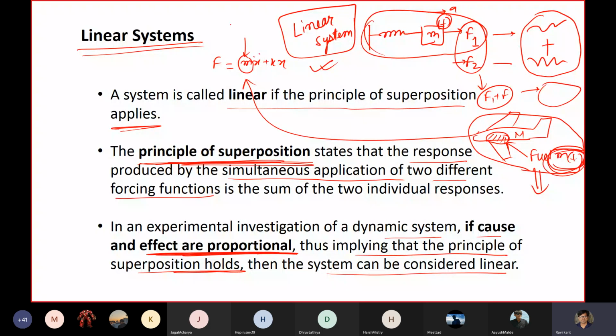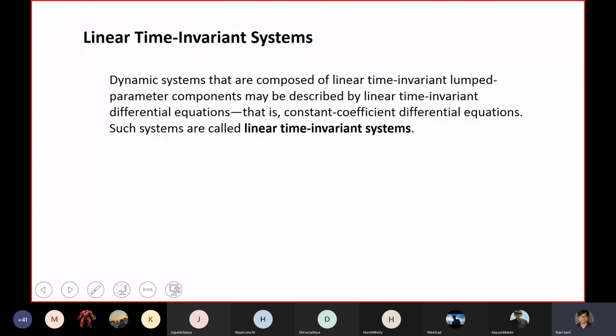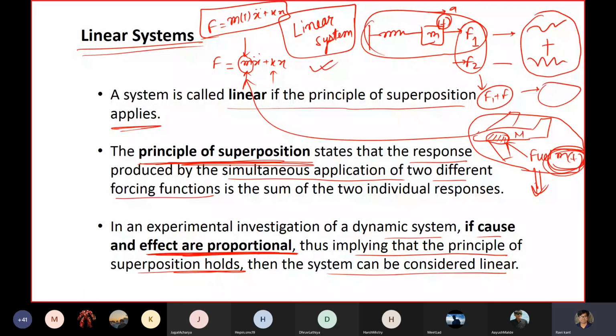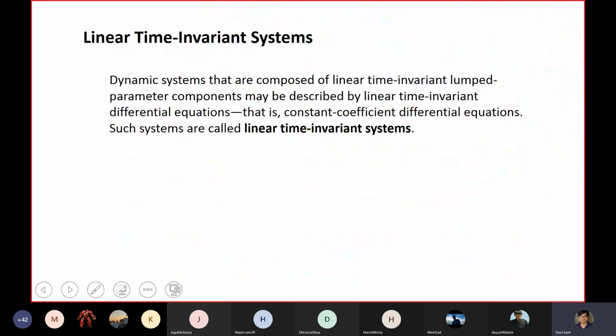Because mass is now a function of time, and this complicates things and gives rise to non-linearity in the system, and thus we are not going to look into these sorts of complex problems in this course. Just keep in mind all the coefficients should be constant, and the principle of superposition should be safely applicable, and we will take up only those sorts of systems in this course.